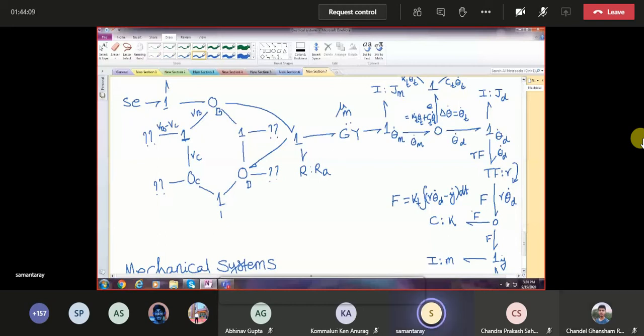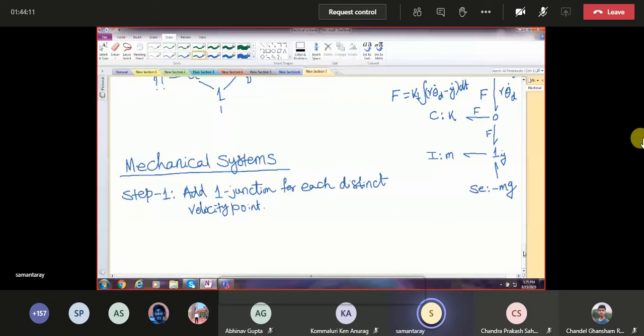So we will add one junction for each distinct velocity point. Then include inertia, if present. Wherever there is a velocity point, there may be an inertia, may not be an inertia. So if you have inertia, put it there.